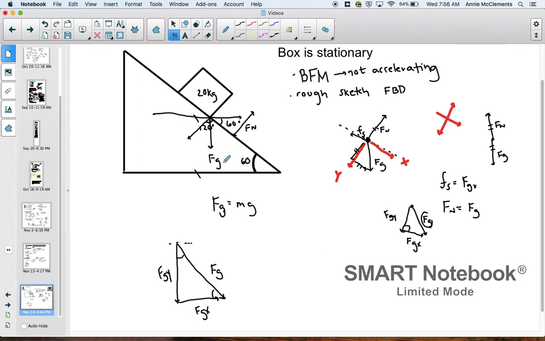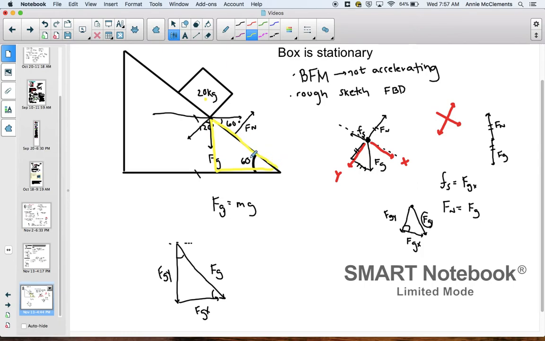Do you see this? This line here is Fg, straight down from our box. It would generally come straight down from the center, but this shows it a little better. And this forms a right angle triangle with the inclined plane. Do you see that? Right here.